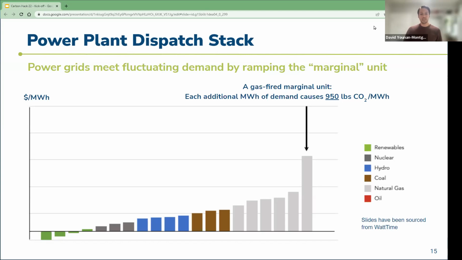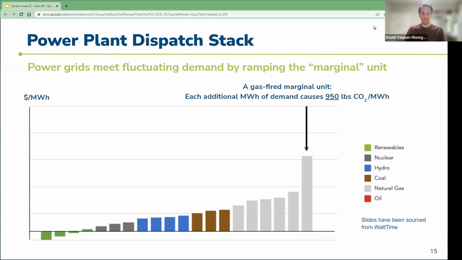Carbon awareness is fundamentally about understanding where and when electricity is consumed. This is what determines its emissions impact. That's because grids are constantly balancing supply and demand, and to do that, balancing authorities ramp power plants up or down in line with demand. What you're looking at here on this slide is a hypothetical resource curve.